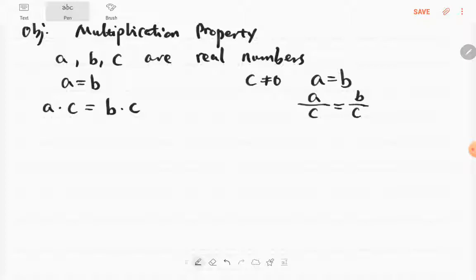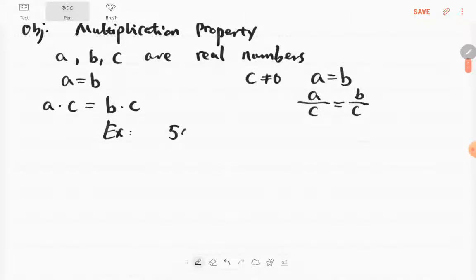Okay. Then let's check some examples. So the first example, we see 5x equals 30. If we want to solve for x, we try to make x alone, right? How can we make x alone?